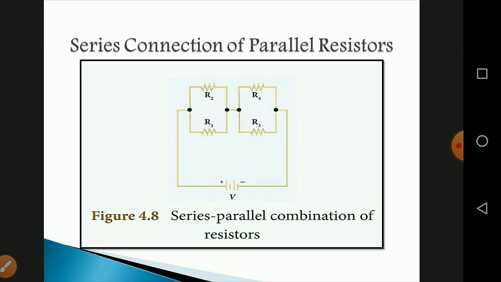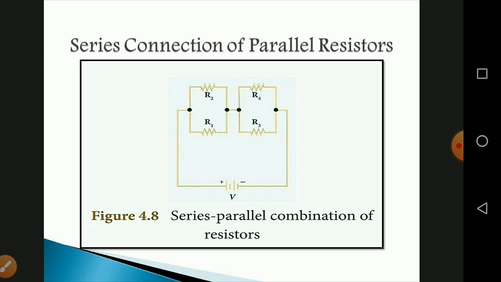Next one, series connections of parallel resistors. If you consider a set of parallel resistors connected in series, you get a series-parallel circuit. Let R1 and R2 be connected in parallel to give an effective resistance of RP1.